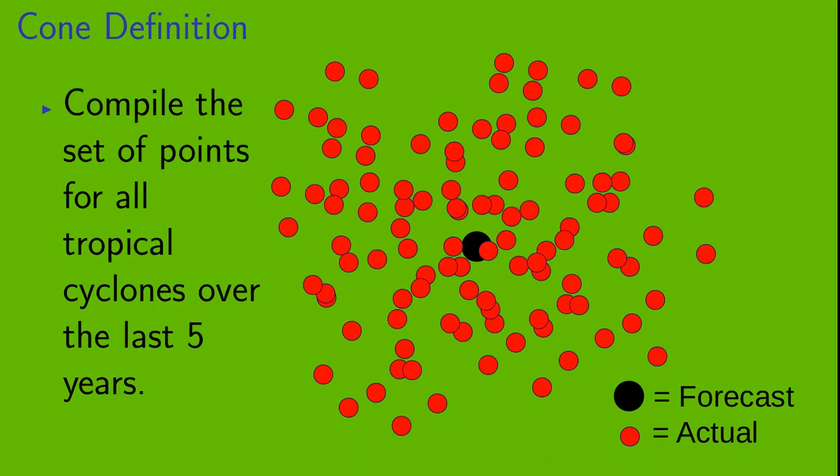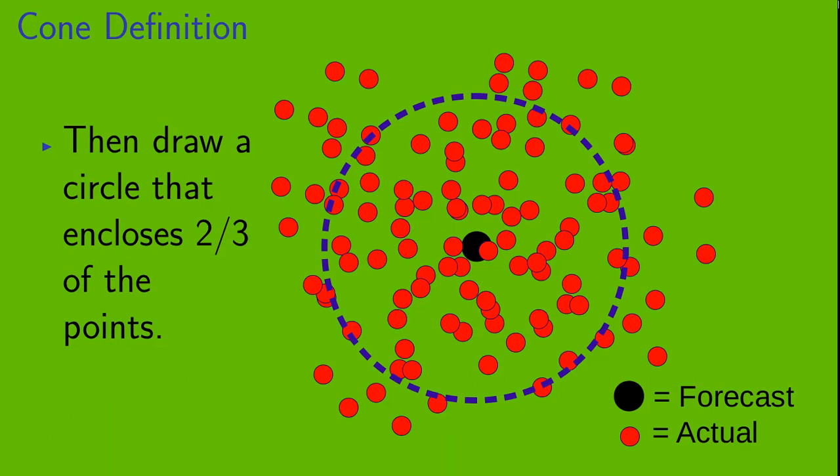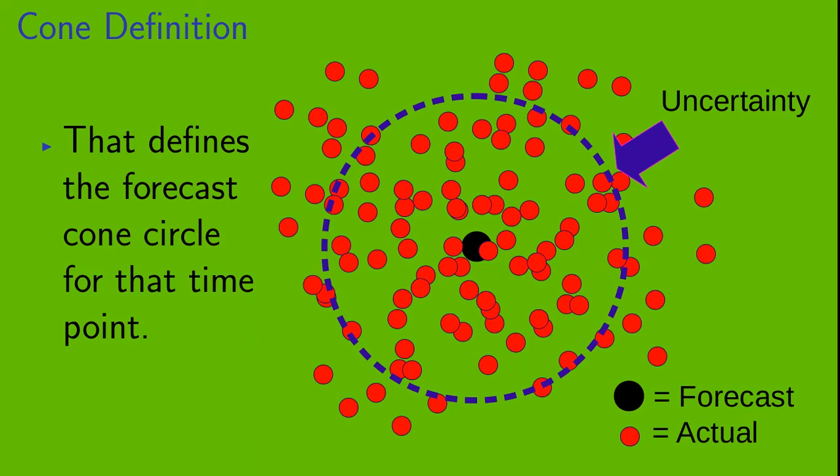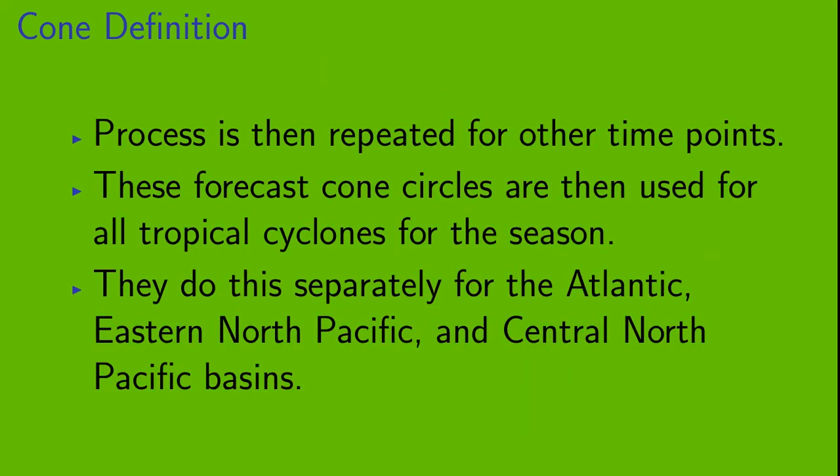Now, compile the set of points for all tropical cyclones over the last 5 years. Now, draw a circle that encloses 2/3 of those red dots. That circle defines the forecast cone circle for that time point. This process is then repeated for all of the other time points. And these forecast cone circles are then used for all tropical cyclones for the entire season.